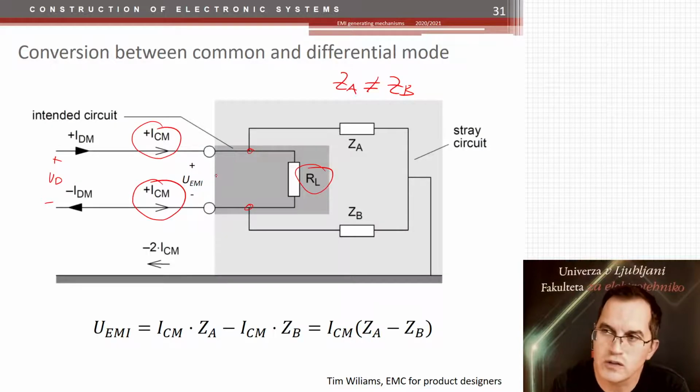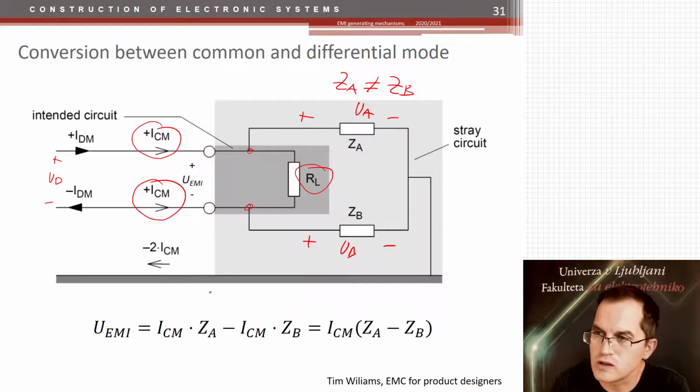The voltage will not be changed. If there are two of these stray impedances, if they are the same, then the voltage on them would also be the same, so the information will not be affected. But if they are different, then the voltages are also different.